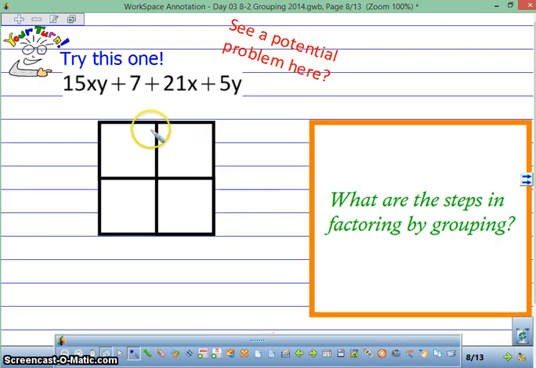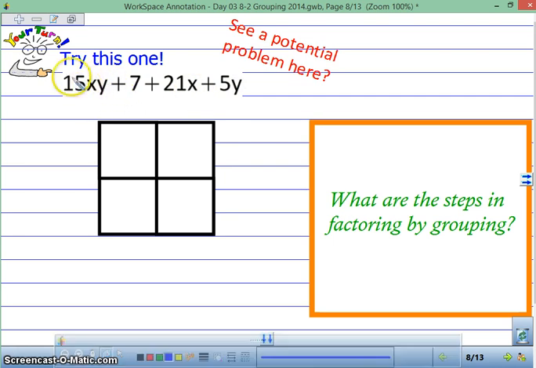This one is a little bit trickier, just because the polynomial is not written in descending order. This is the term with the highest degree, so it goes here. The term with the lowest degree is 7. It goes here. We'll put the 21x here, the 5x here. Greatest common factors, 3.